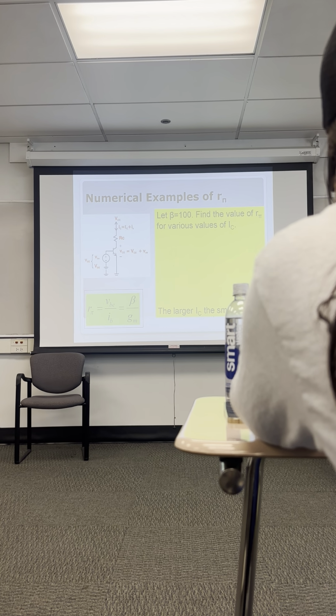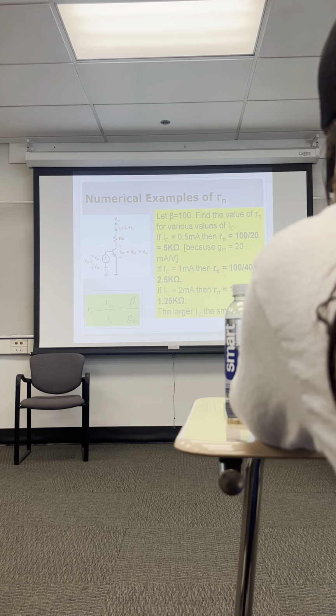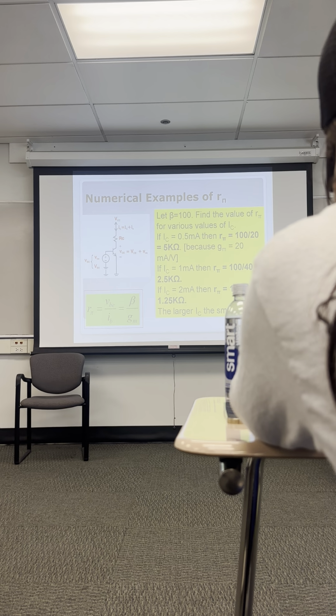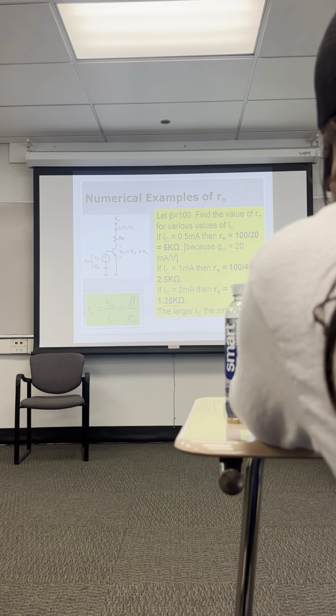Here's another example, beta is 100. If I sub C is half a milliamp, r pi is 5K. If I sub C is a milliamp, r pi is 2.5K. And if I sub C goes to 2 milliamp, r pi goes to 1.25K. So the trend is the larger I sub C, the smaller r sub pi.